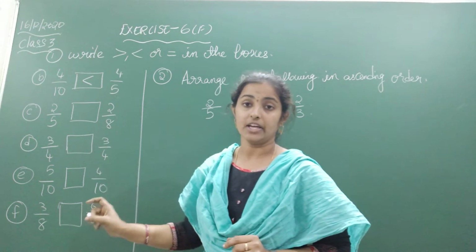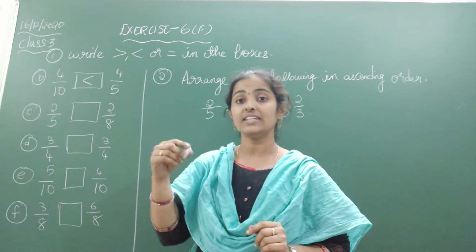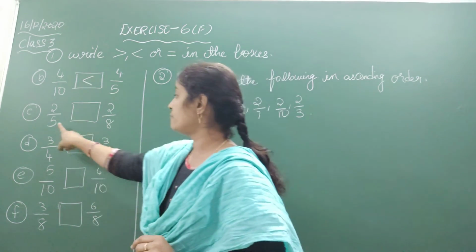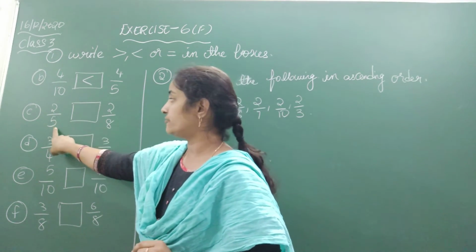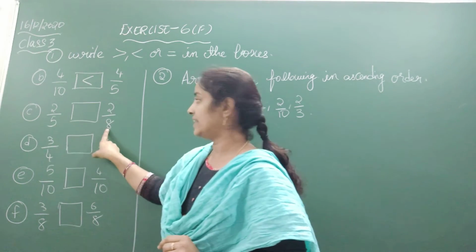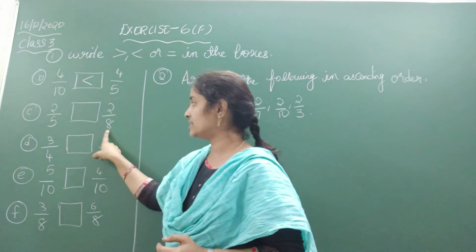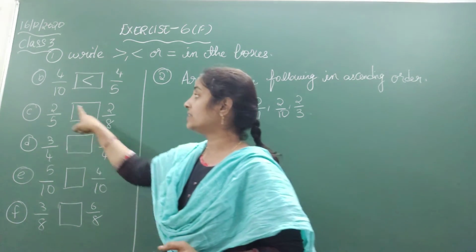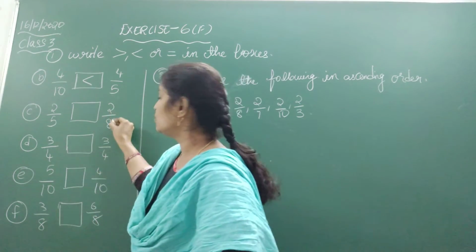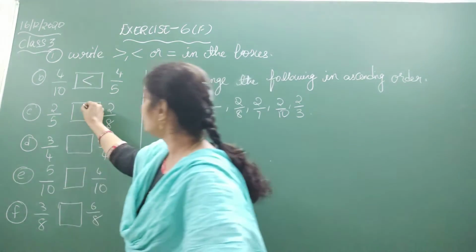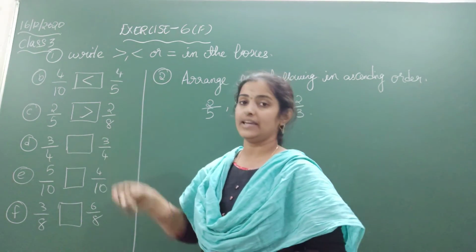So I need to compare the denominators. The smaller denominator gives the greater fraction. Between 5 and 8, 5 is smaller than 8, right? So 2 by 5 is greater than 2 by 8.